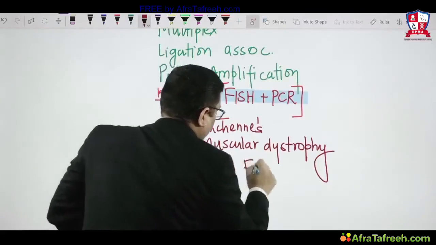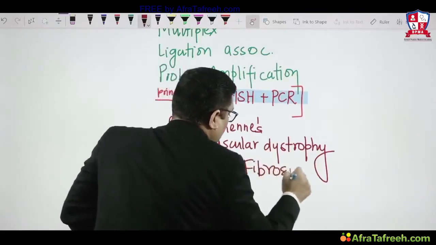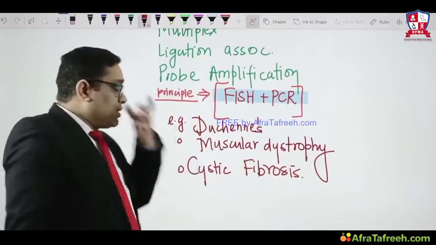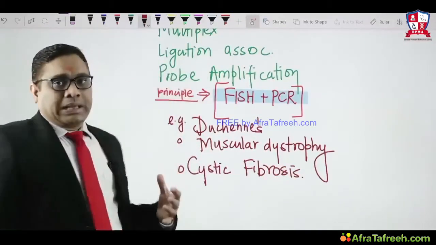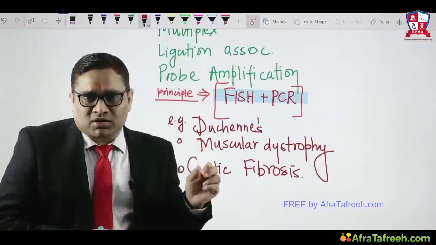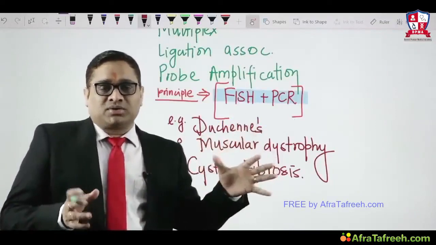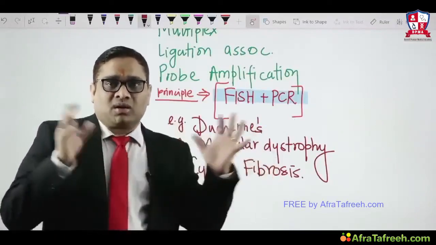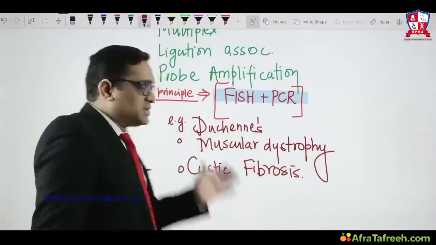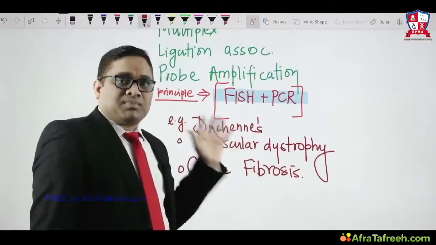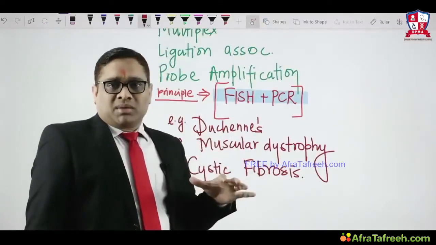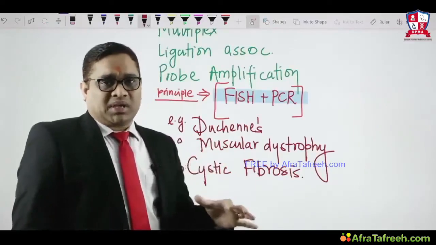These are the disorders where we are going to utilize MLPA, because in both disorders the gene involved has multiple exons, which will include shorter segments and larger segments also. So which method detects both short and large segments of genes simultaneously? The answer must be MLPA, right? This is how we will overcome the limitations of FISH and PCR.